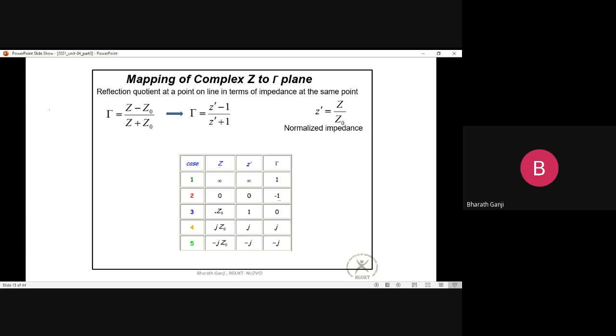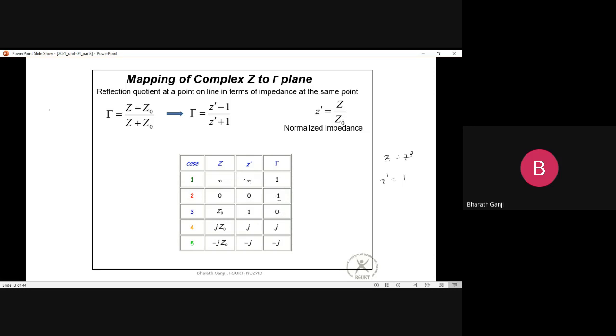If the impedance z is itself equal to z naught, then z dash becomes equal to 1. That is a normalized impedance, and the corresponding reflection coefficient goes like this.